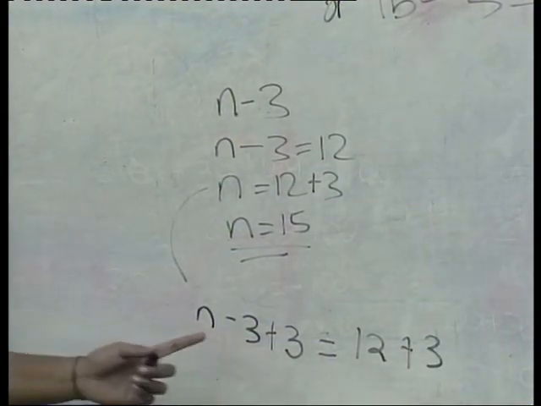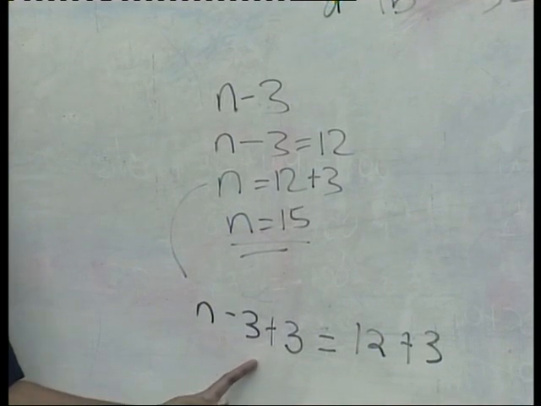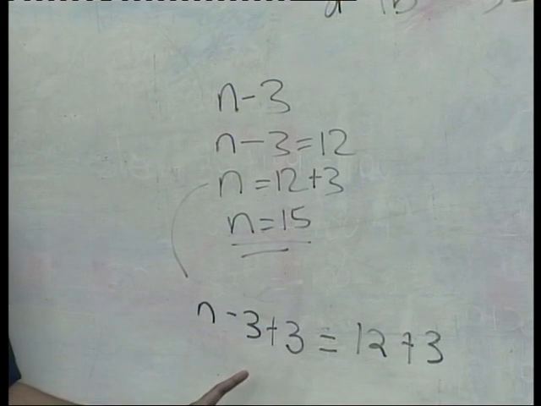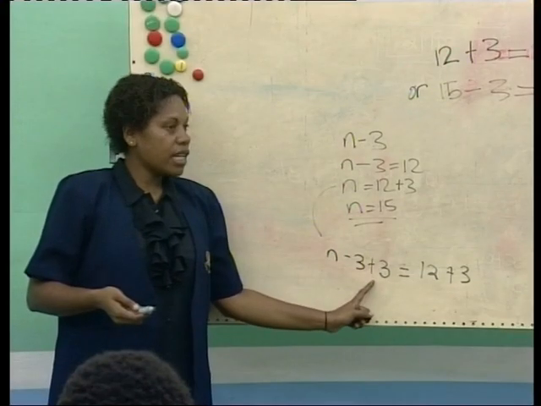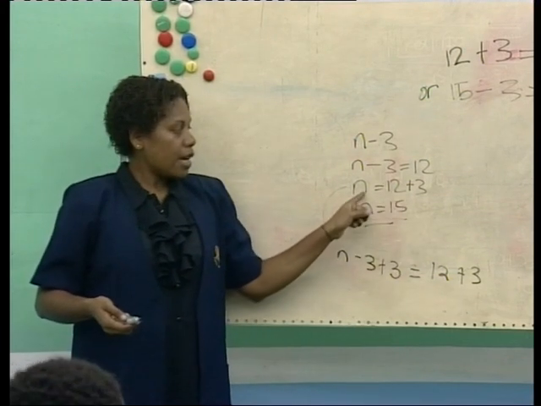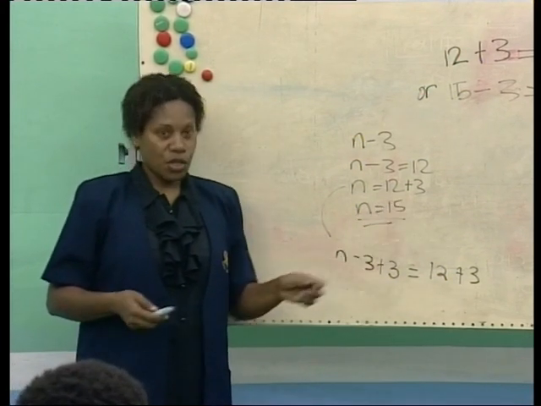Remember, you are trying to remove the 3, so on both sides you are going to add 3. You plus 3 here, and you plus 3 on that side. See? That's how we got n is equal to 12 plus 3.